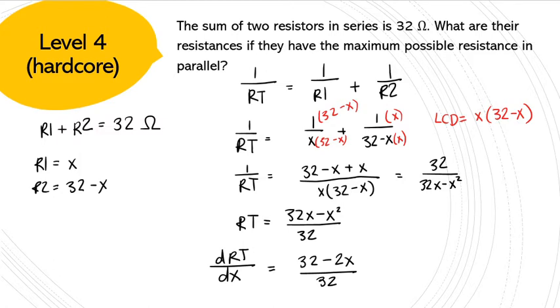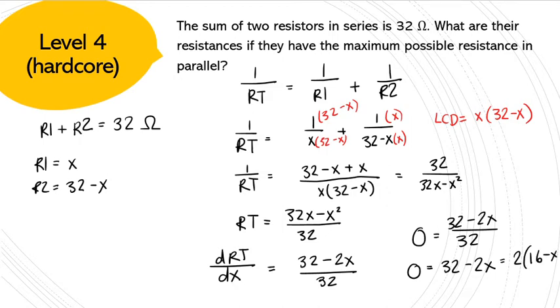When is that equal to 0? Well, if we cross multiply, we drop that, so we have 0 equals 32 minus 2X equals 2 times 16 minus X, or you could have just done it straight up. So if X is equal to 16, that's when the derivative is equal to 0.